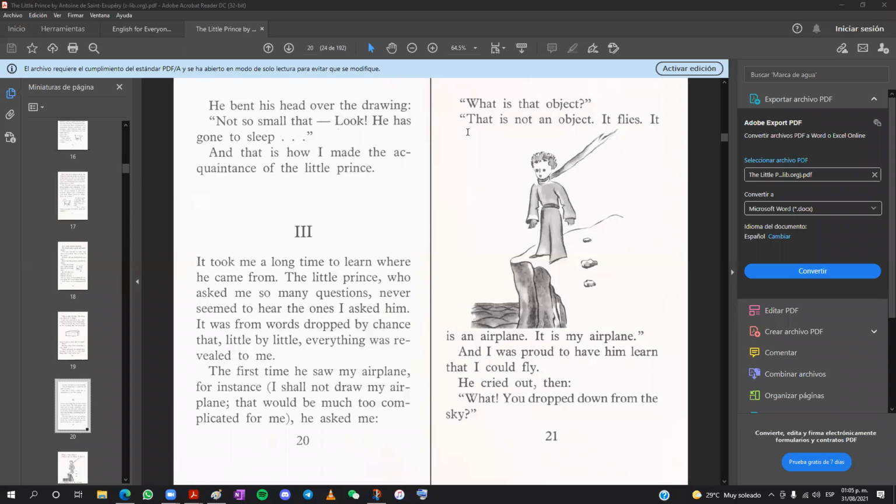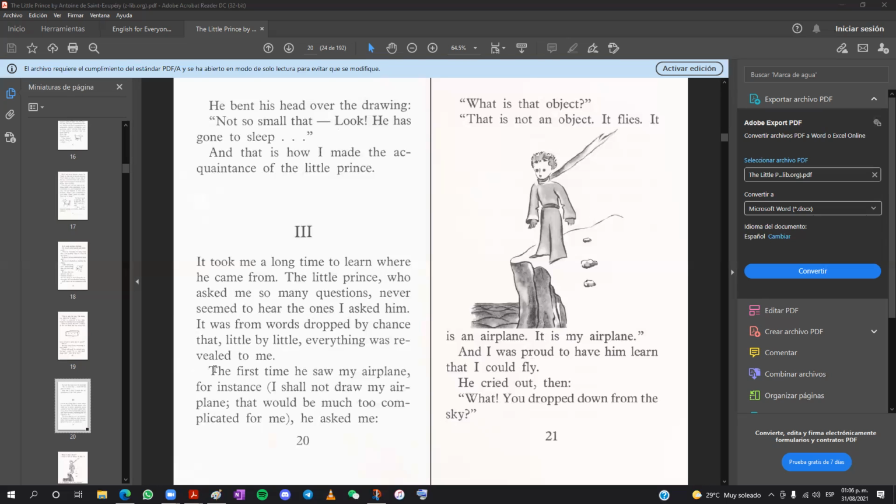That is not an object. It flies it. It, He's an airplane. It is my airplane. And I was proud to have him learn that I could fly. He cried out. Then what? You dropped down from the sky? Así es, muy bien, hasta ahí.